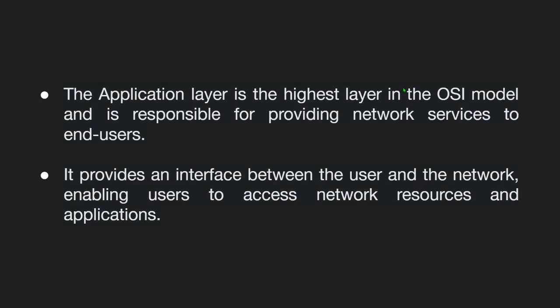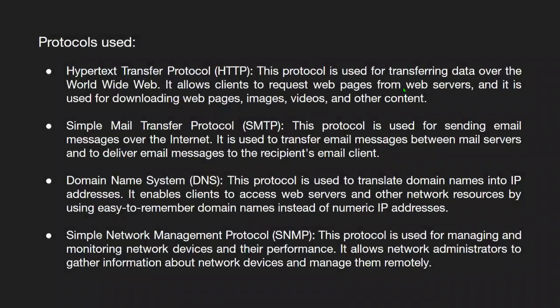This application layer provides services such as file transfer, email, remote login, and other network-based applications. It also provides protocols for handling different types of data such as text, graphics, and multimedia. This layer interacts directly with the user and also provides a user-friendly interface for accessing network resources and services.